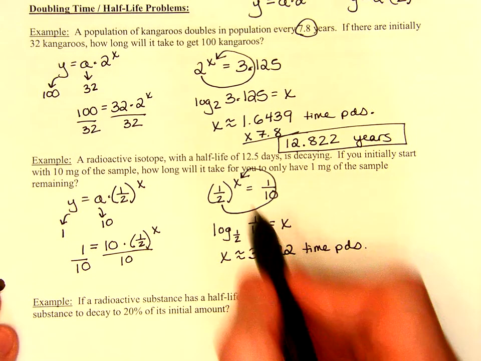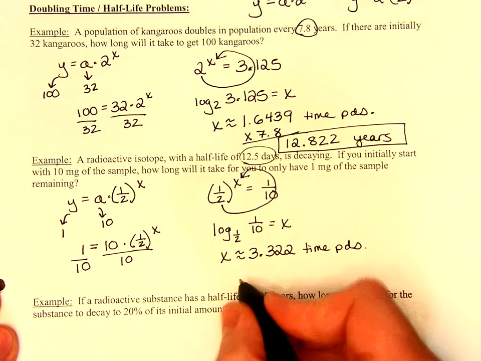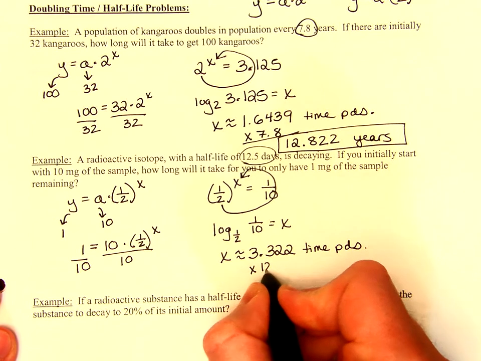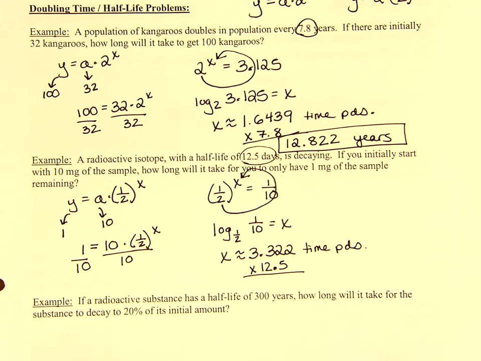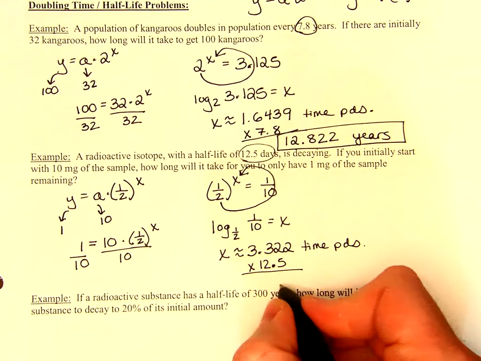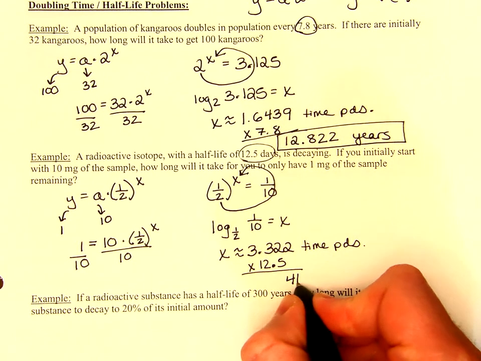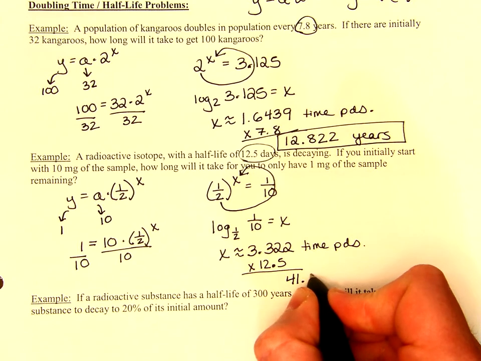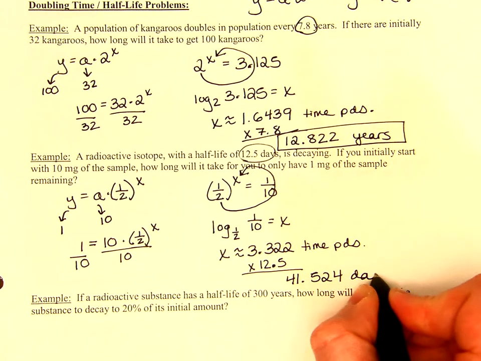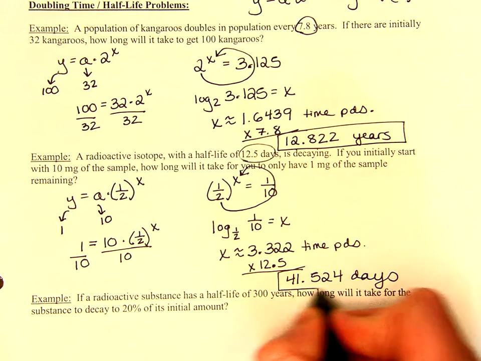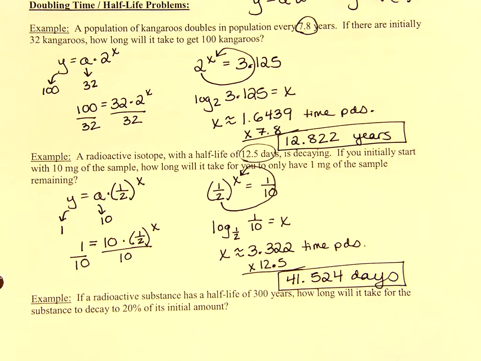We're told that a time period is 12.5 days, so I'm going to multiply the answer by 12.5. Go to the calculator, multiply your long decimal by 12.5, and we're going to figure out that it will take 41.524 days.